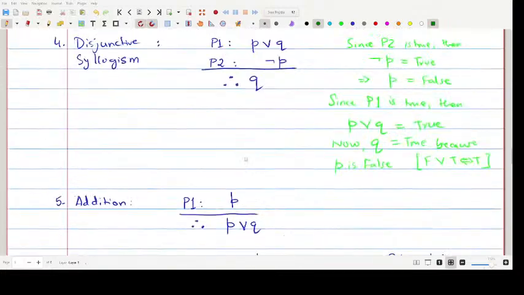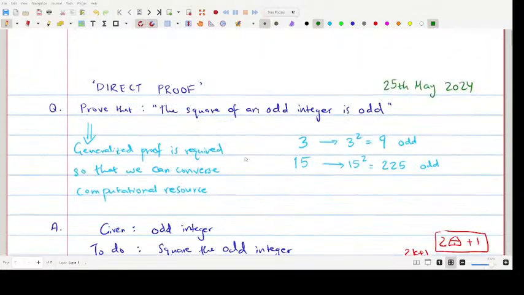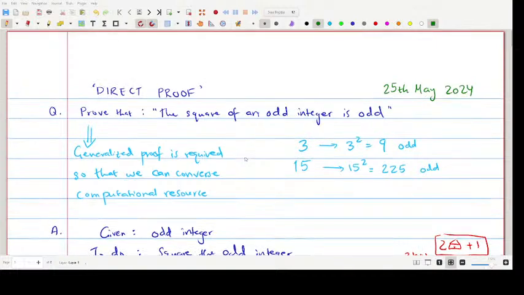So we started off with a direct proof. We wanted to prove that the square of an odd integer is odd. And why is a proof required? This is a generalized proof. We're trying to generally say that you give me any odd integer, Mr. X, I am going to square it and say that it is odd.